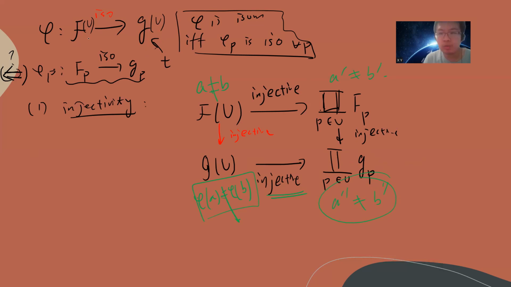So the problem is how do you find this section? You need to use the gluability of the sheaf. So the proof idea is this: I choose t belonging to G of U. Now for all P belonging to U, let's write t_P as the germ, or stalk.